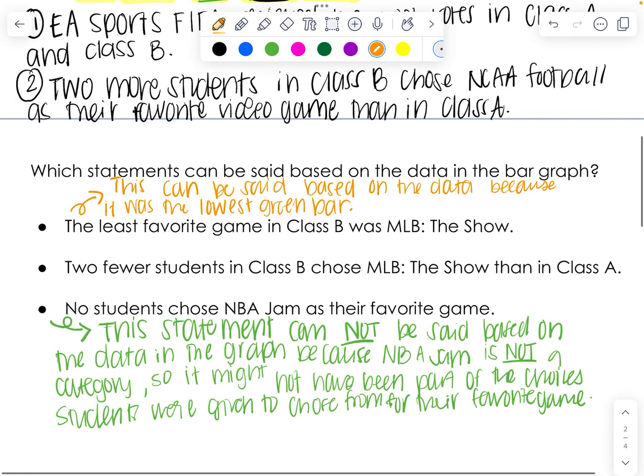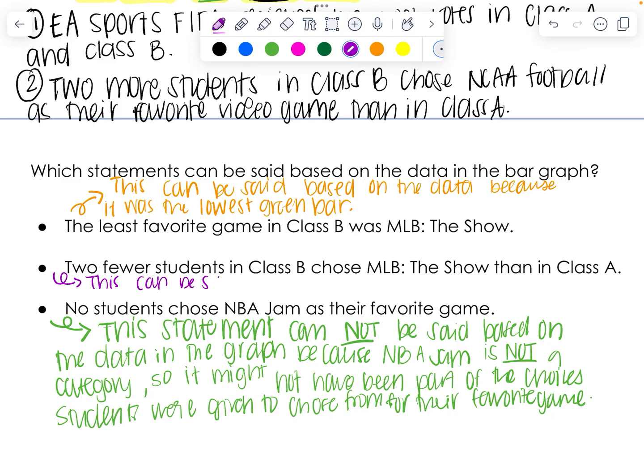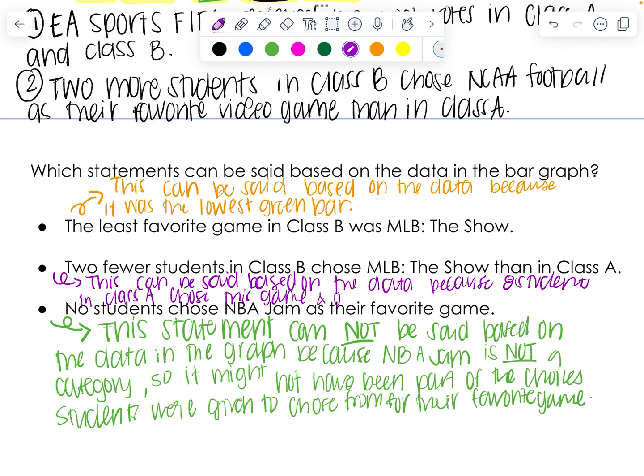Yes, this can be said based on the data, because 8 students in Class A chose this game and only 6 in Class B chose this game.